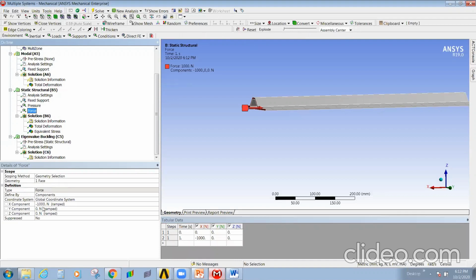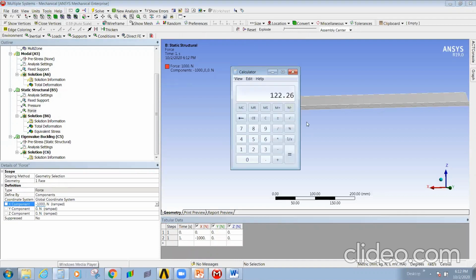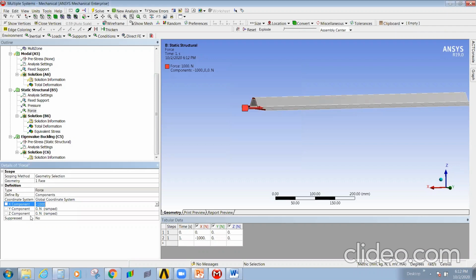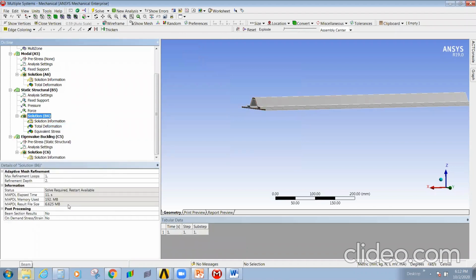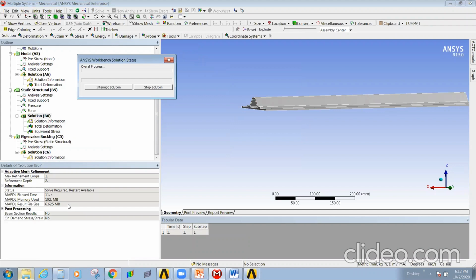I'll multiply it by negative 1000. So this will be your critical load. You can say that your critical buckling load would be that value for the structure, for structural steel.